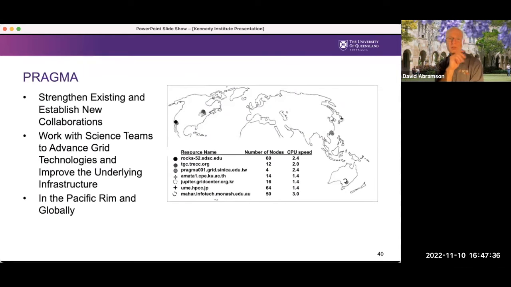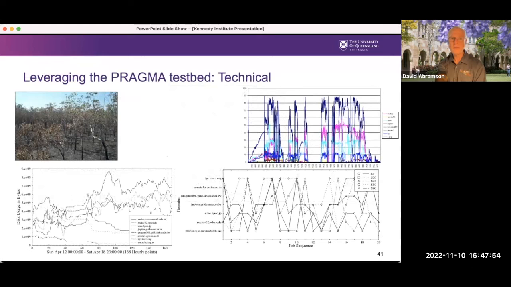Now, we couldn't have done that on our own, but the scale of PRAGMA, with multiple partners all leveraging their local funding agencies, allowed us to build a much bigger thing and learn a lot about the translation of that in the process. So the PRAGMA testbed was used for the Savannah burn work.